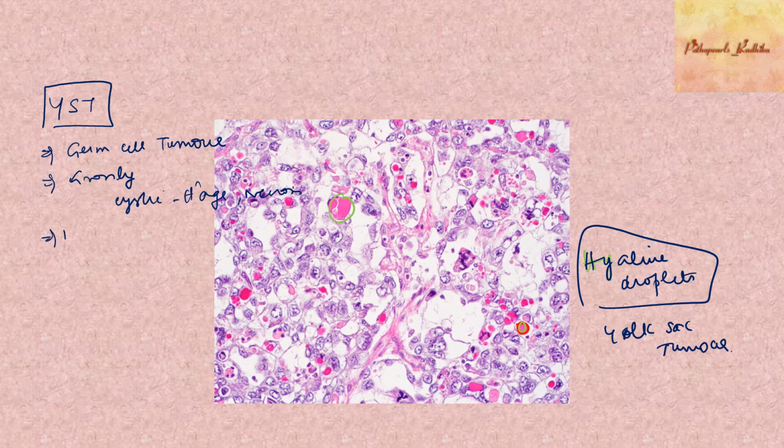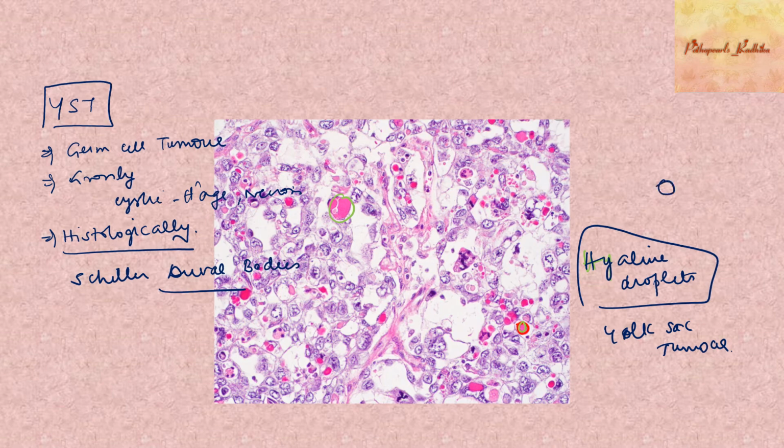Histologically, they have a varied appearance. You can have papillary structures, microcystic areas, a solid pattern or any other pattern, but there are certain clues for the diagnosis. You have Schiller-Duval bodies. They resemble a glomerulus. They have a central blood vessel surrounded by tumor cells, lying within a space which is again surrounded by tumor cells.